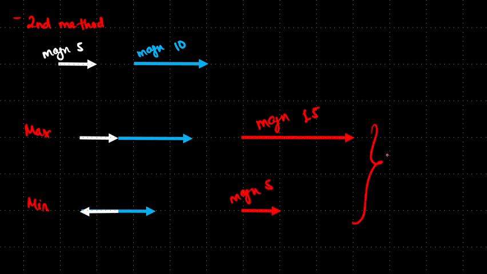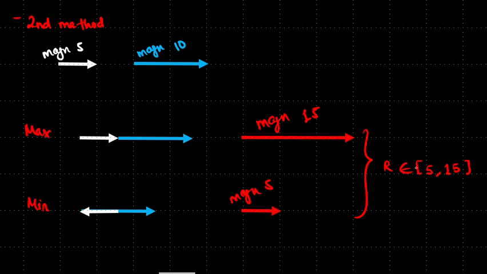So anything in between these is fine. So the magnitude of the resultant belongs from 5 to 15. Any number that falls between this range is the answer.